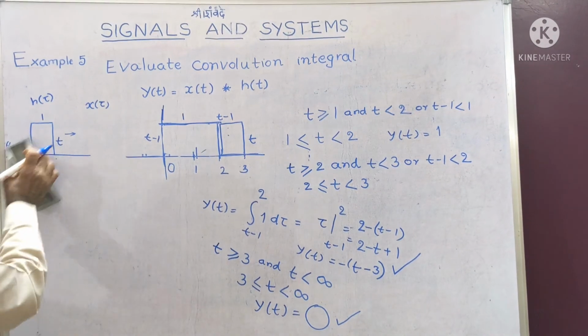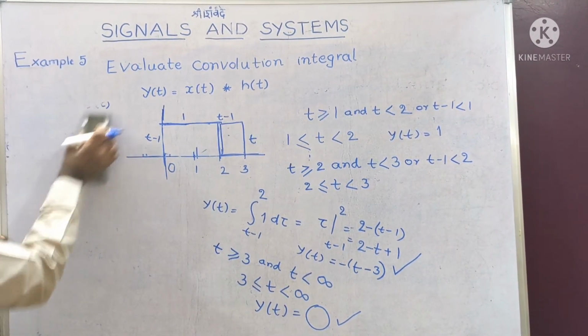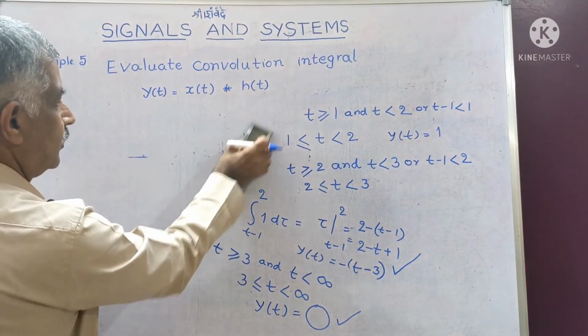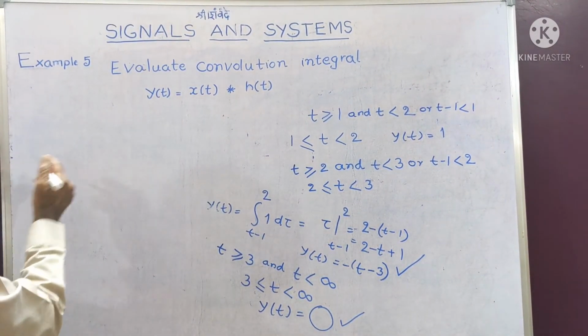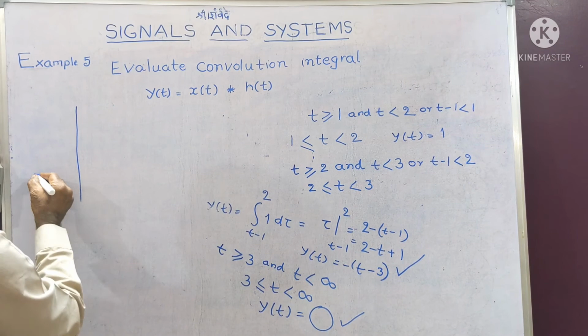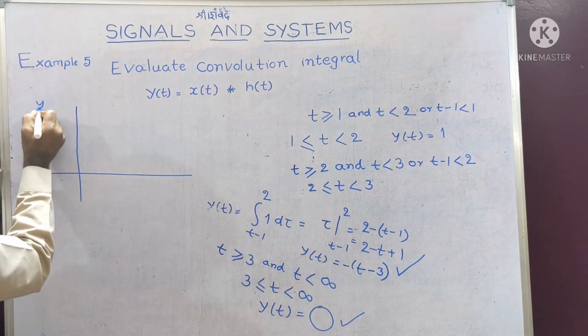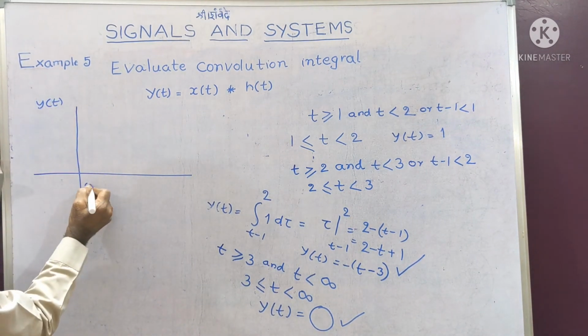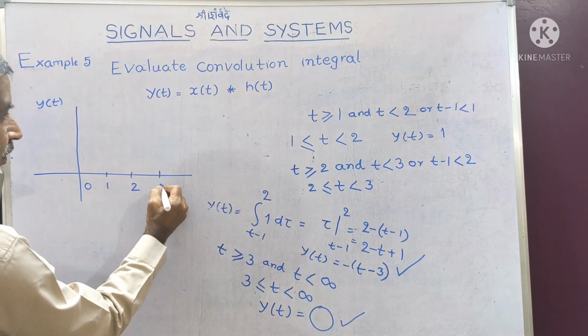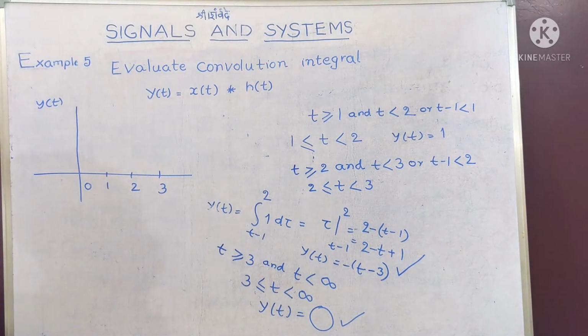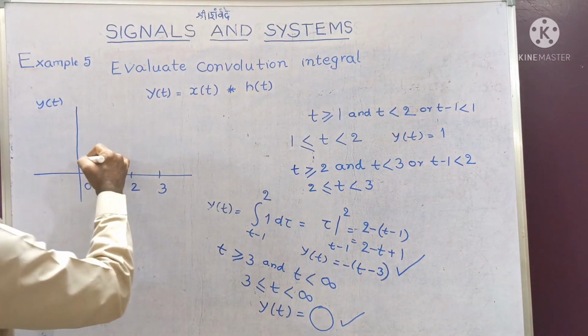Now we have to sketch y of t. If you sketch y of t, this is how you have to sketch: 0, 1, 2, 3.